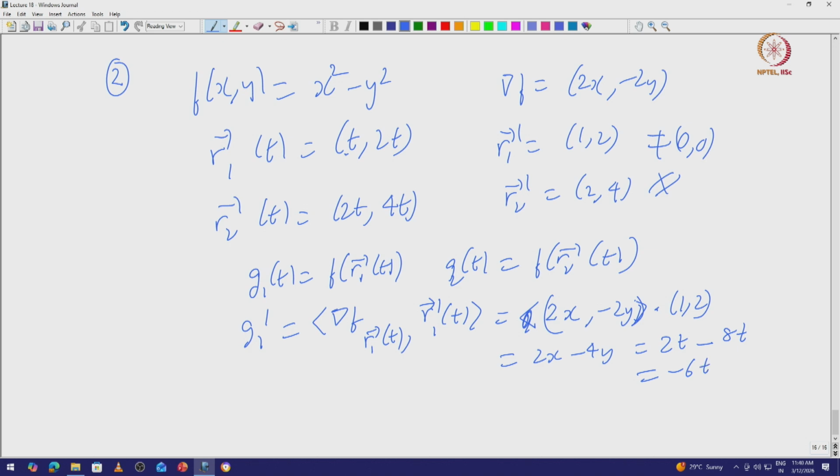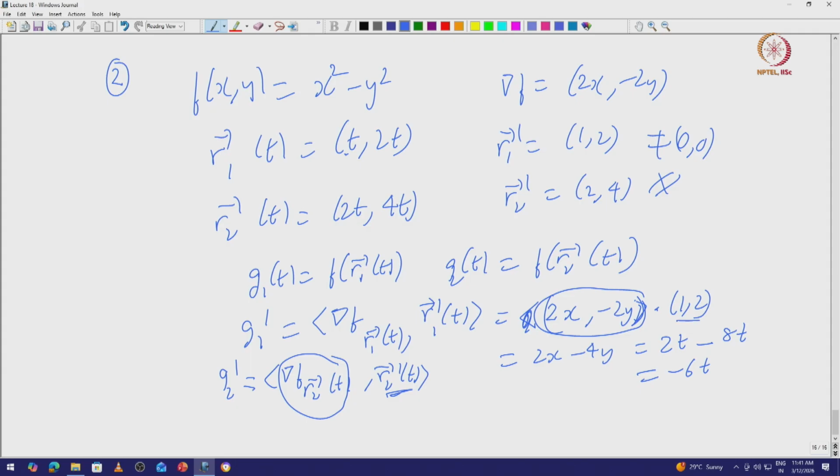Now suppose we play the same game for g2. What will we get? So this part is still going to be the same.